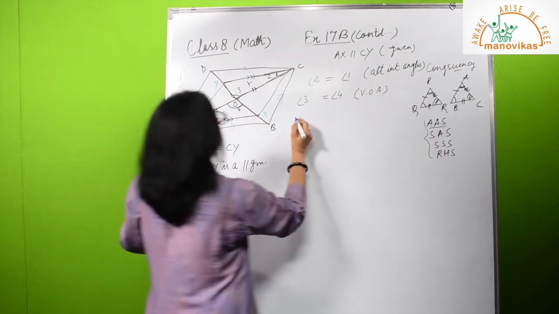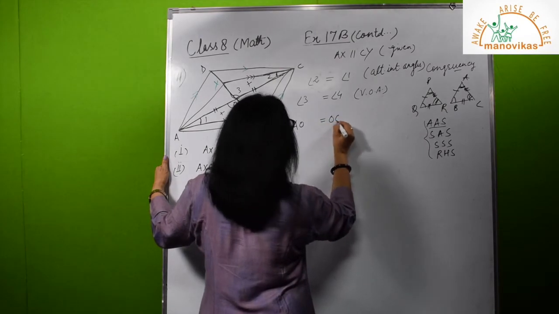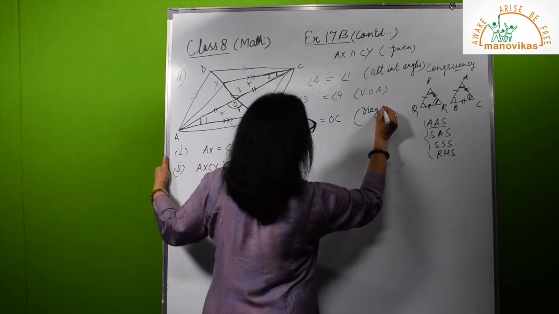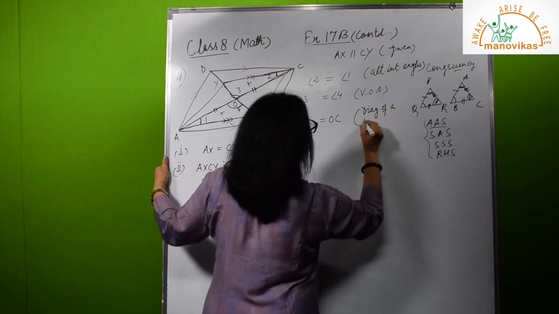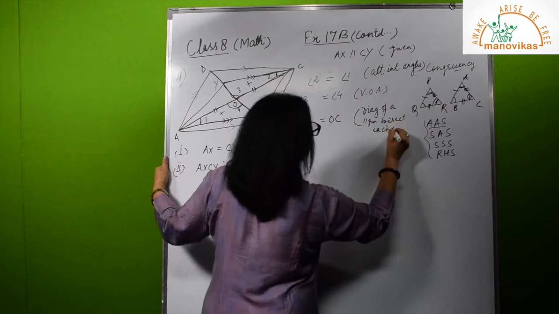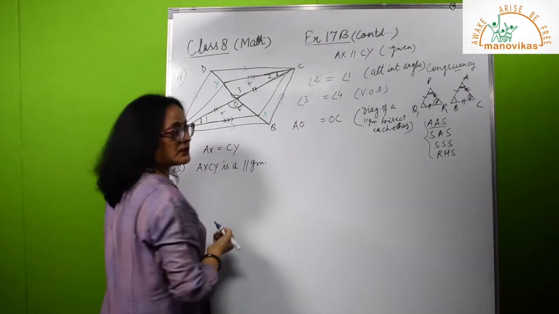So we can take it as AO is equal to OC. Why? Diagonals of a parallelogram bisect each other. Yes? So this one side we got equal. AO is equal to OC.